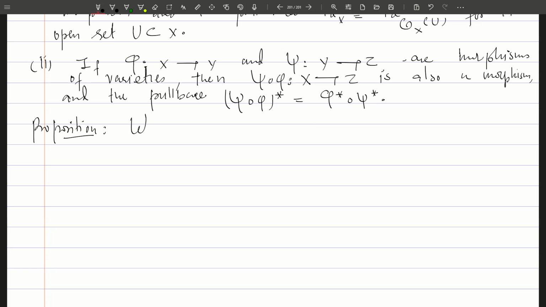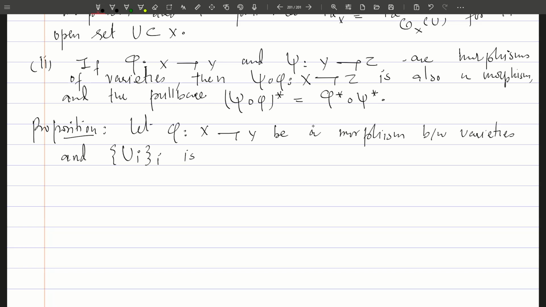So, let us suppose phi is a map between varieties, and let us suppose U_i is an open cover of X. So this is not a morphism yet, it is just a map between varieties.